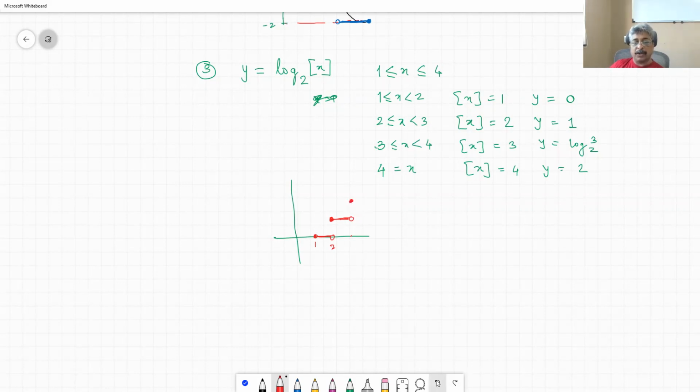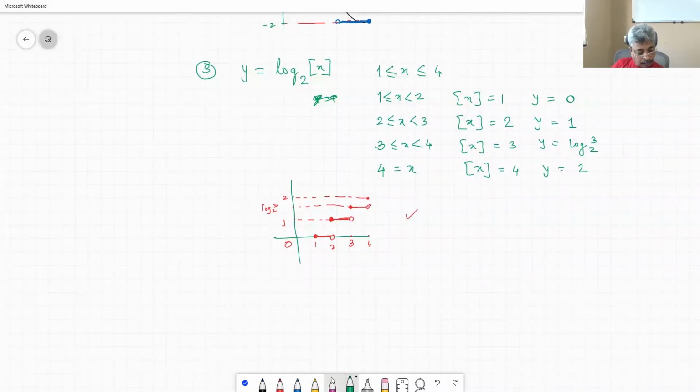The value of y is less than 3, so it is somewhere in between. This difference in these distances should be visible in your sketch. At 4, it is going to be a hollow circle here. And at 4, y is equal to 2, so it is just here. Maybe this is 2, this is log 3, this is 1, this is 0.